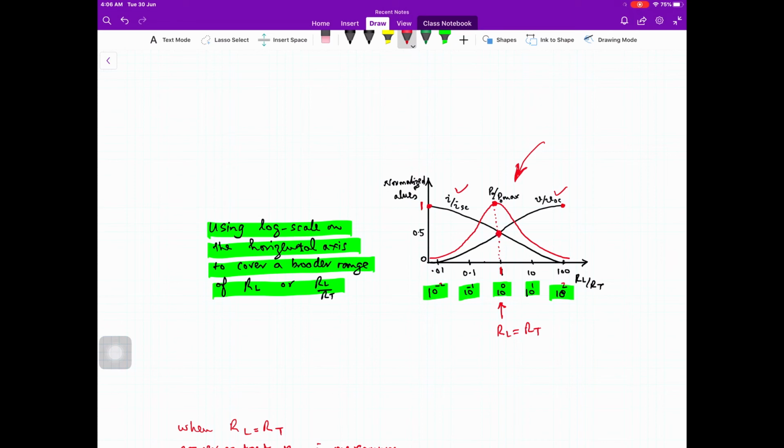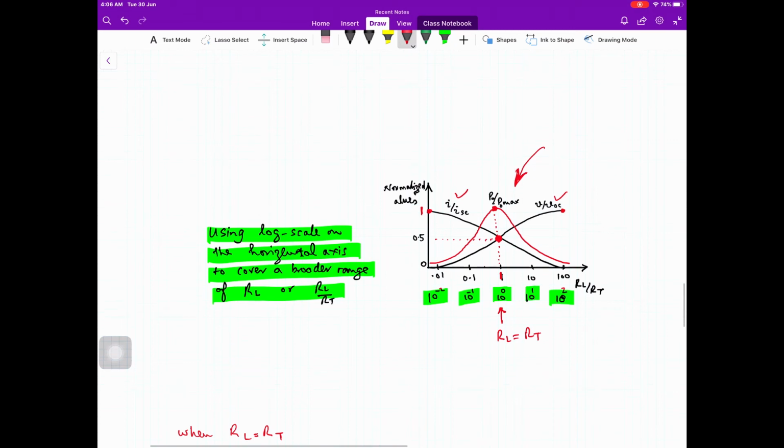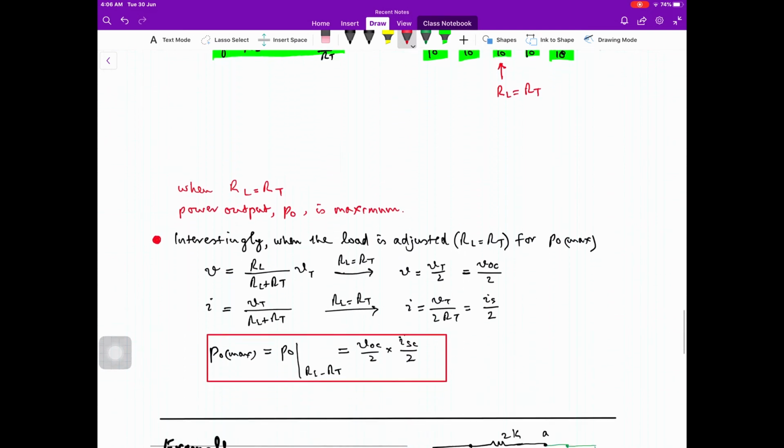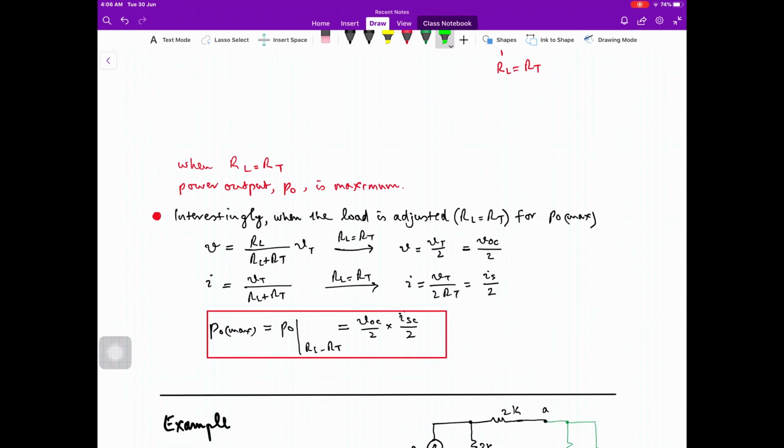It is over here, and we will see that when the power output is maximum, the voltage is 50% of its maximum value, and the current flowing through the load is also 50% of the maximum value. So it is shown over here.